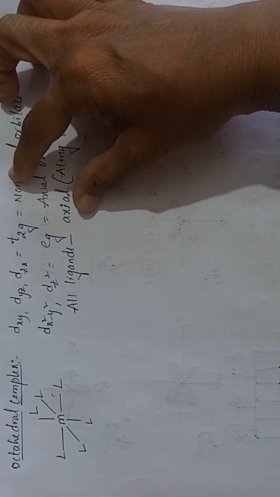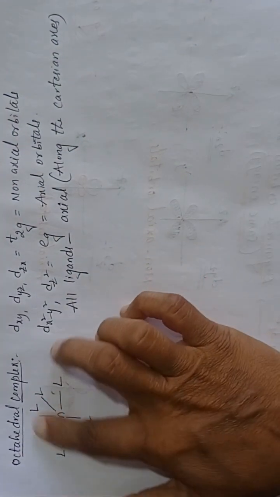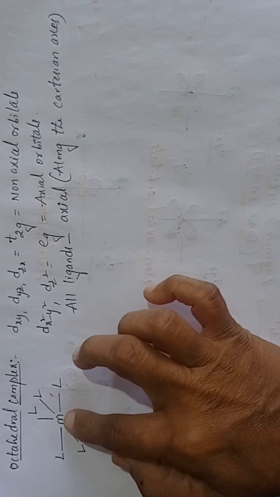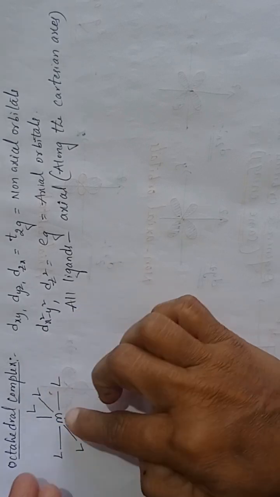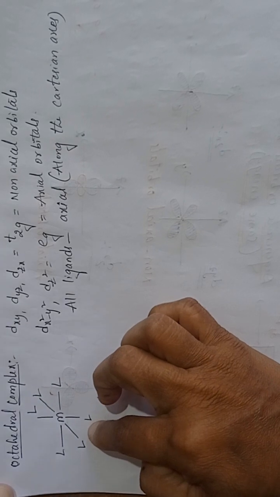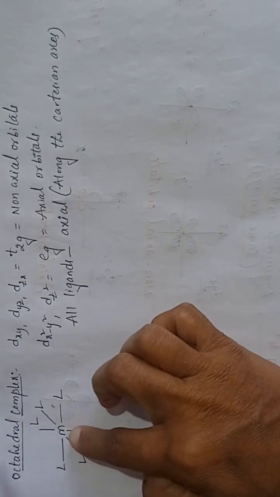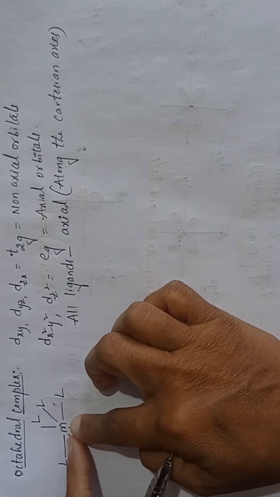Now see here. These ligands are ready to donate electrons to the central metal atom, and the metal atom is ready to accept the electrons. Whenever these 6 ligands come closer to the central metal atom, what happens? In the metal atom, d orbitals will be there, and in the d orbitals electrons will be there.